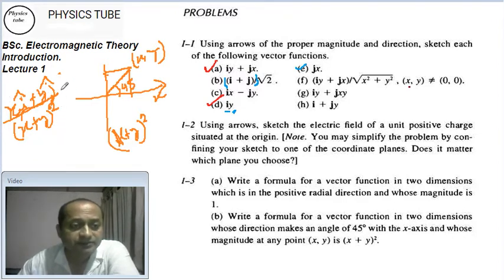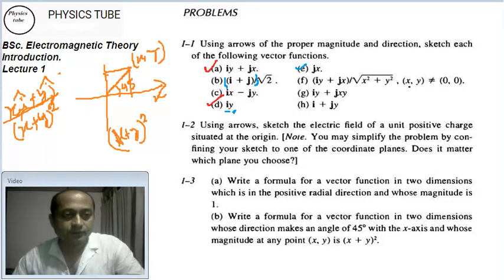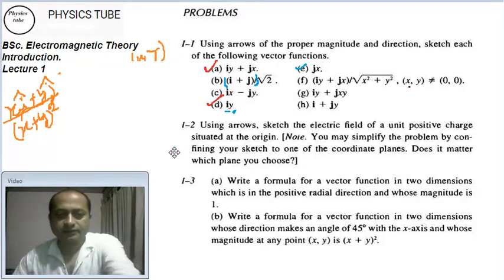This value is my unit vector. Now I am not sure this is equal to 1. In the previous numerical, we were sure it was equal to 1. Now I am not clear, because I don't know the value of this. So I'll redo everything here. I remove this. I hope by this time this diagram is clear to you. I don't want to change the page, because this will make it easier for understanding.